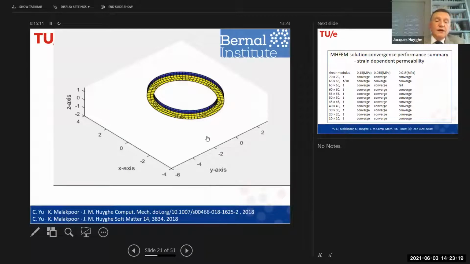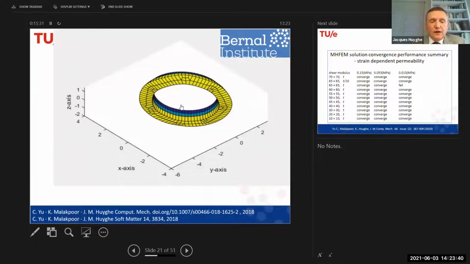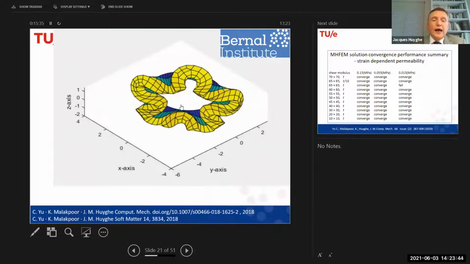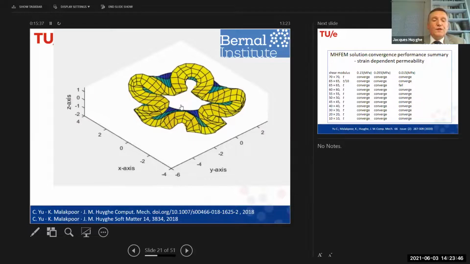And in fact, here another example is a ring which is attached to a surface on the top of the ring, and we bring it into contact with a lower concentration, and what happens is that the ring starts swelling and exhibits surface instability.